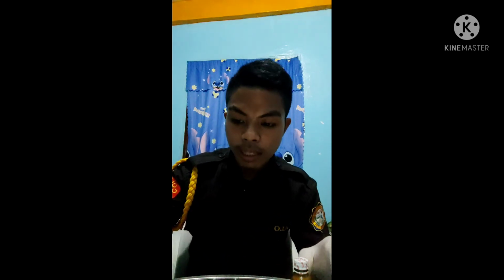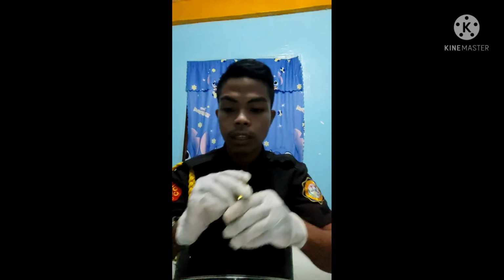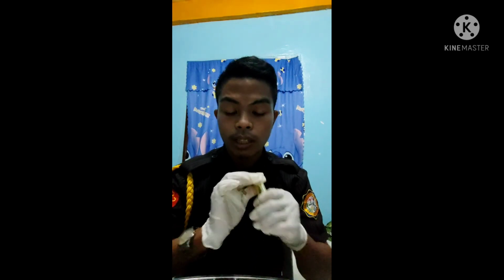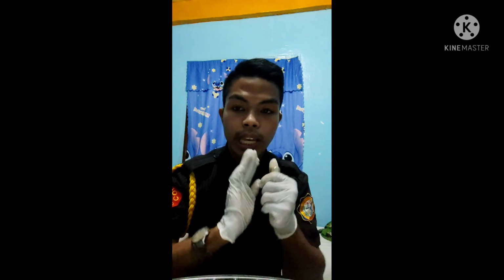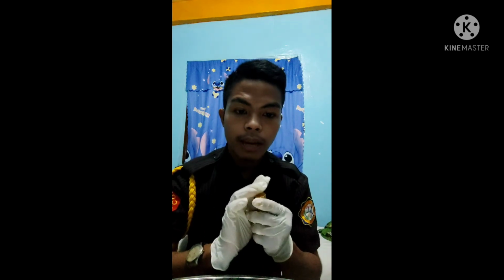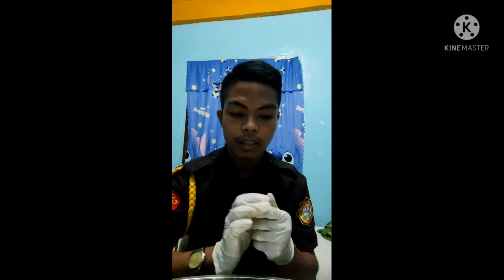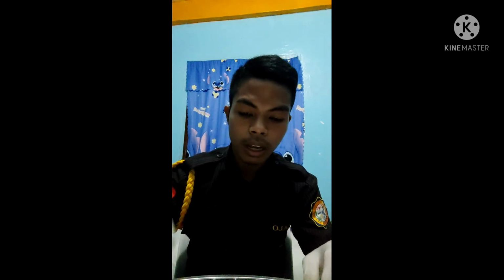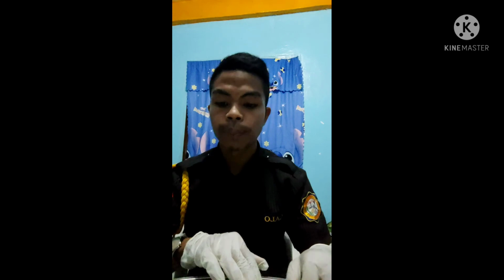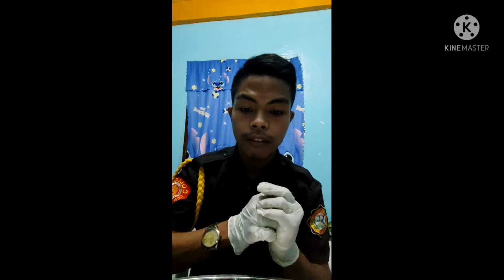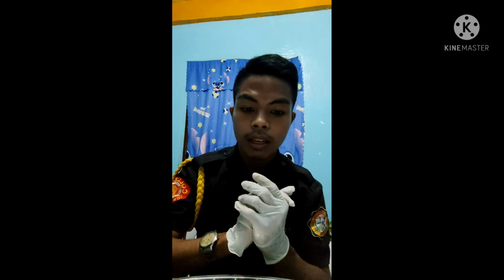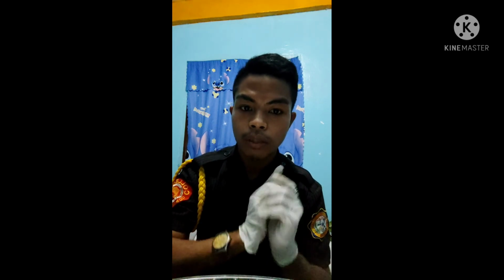Next we will put an anti-serum. I have anti-serum here, which are anti-A, anti-B and anti-D. Then shake it with different stirrers so that I will not contaminate.